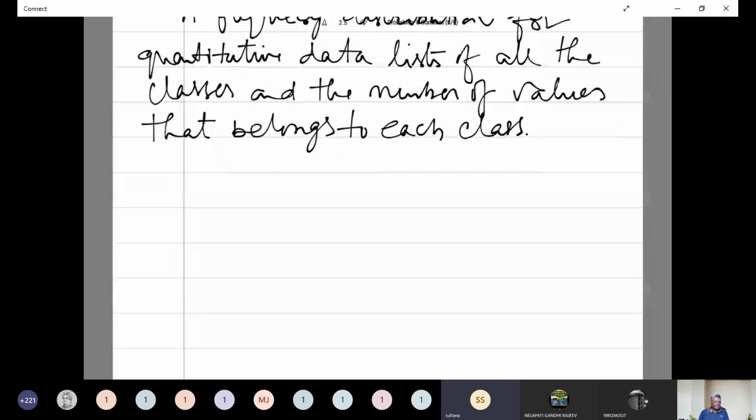Now, data presented in the form of frequency distributions is called grouped data. This is one more definition. Grouped and ungrouped.